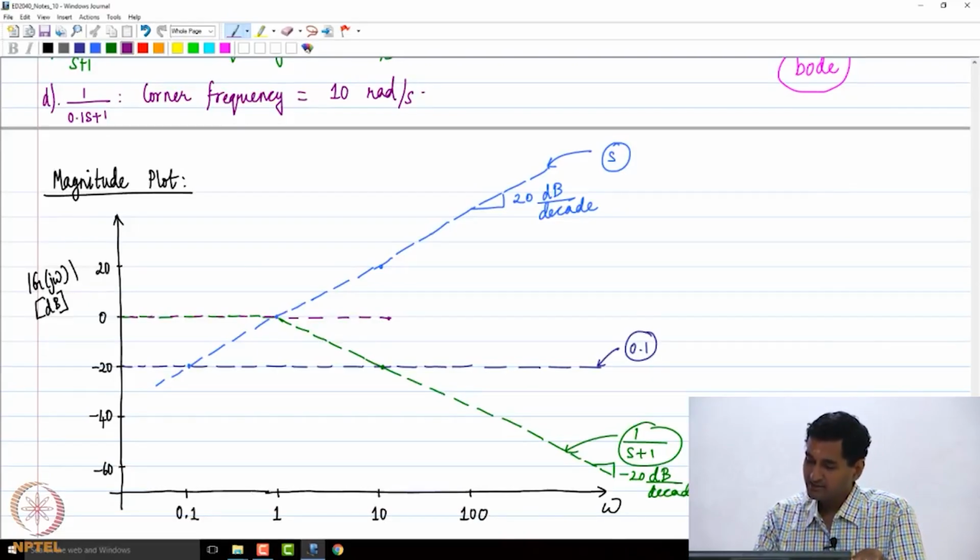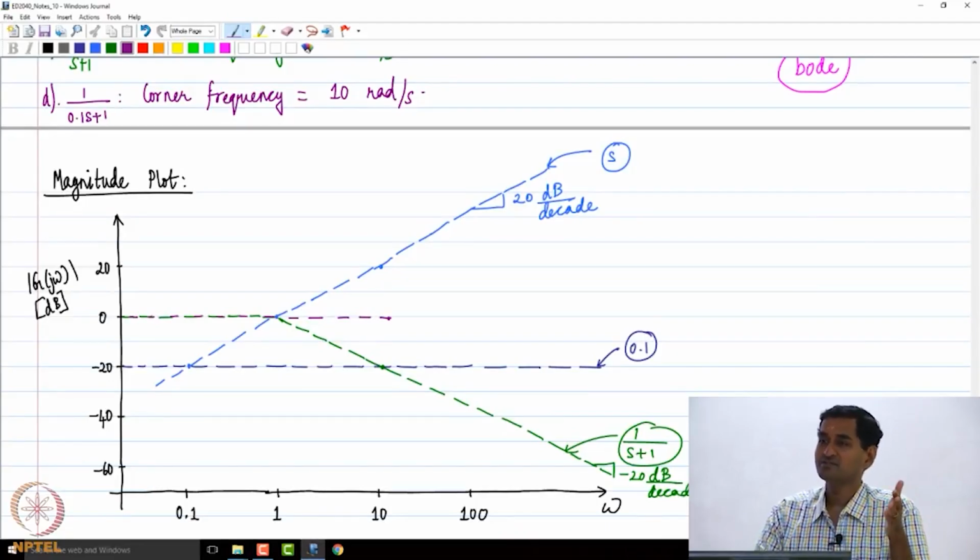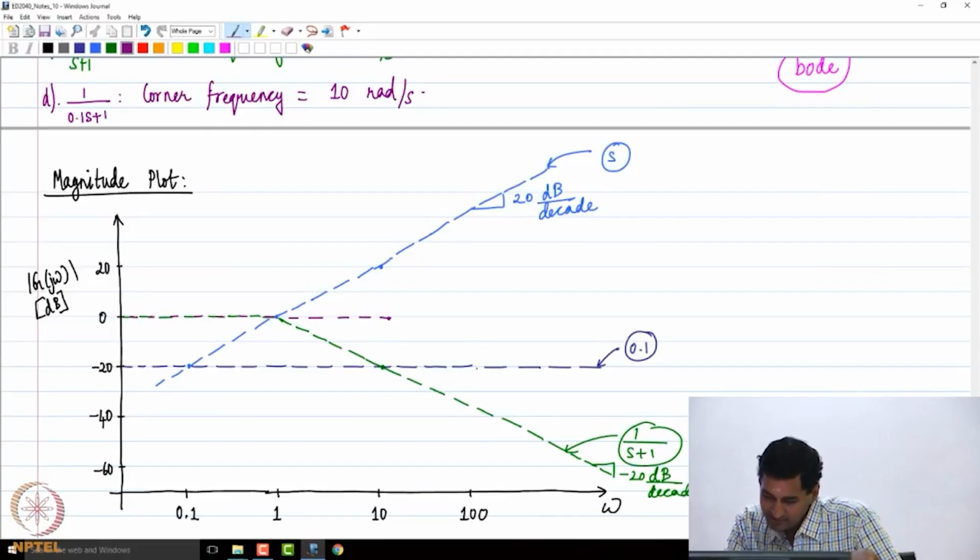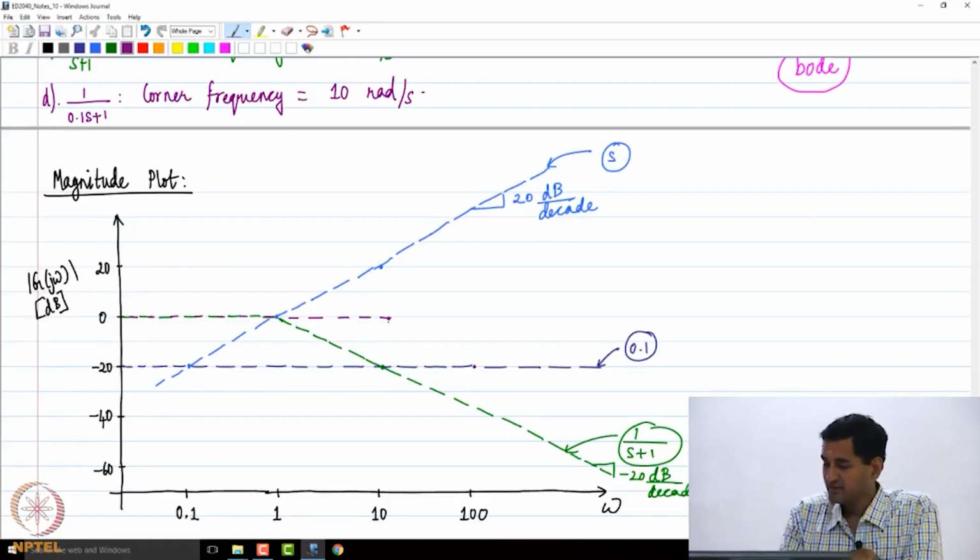How can I do that? At 10 radians per second, the value is 0 decibels. If I want a slope of minus 20 decibels per decade, what is the frequency? One decade above 10, 100, right? At that frequency, I should have a value of minus 20. So at 100, I mark minus 20 as my magnitude, and then I just draw a line that passes through this one.